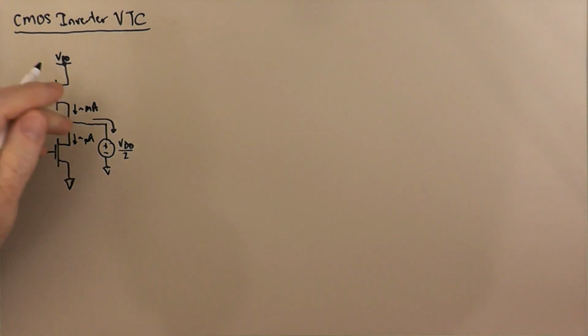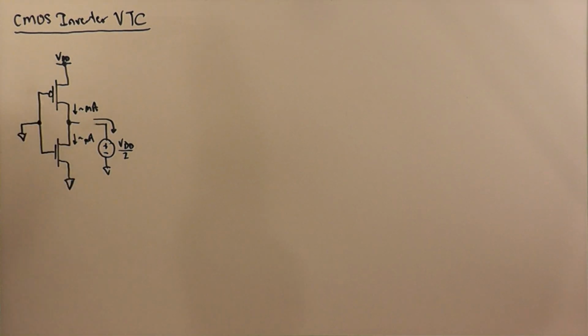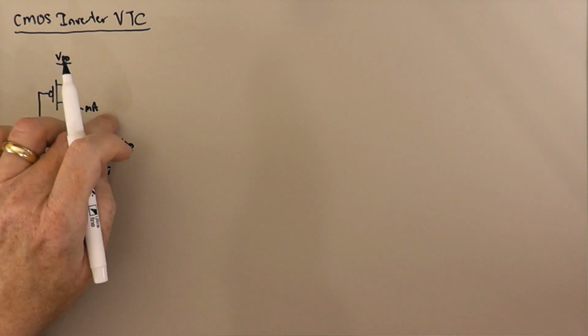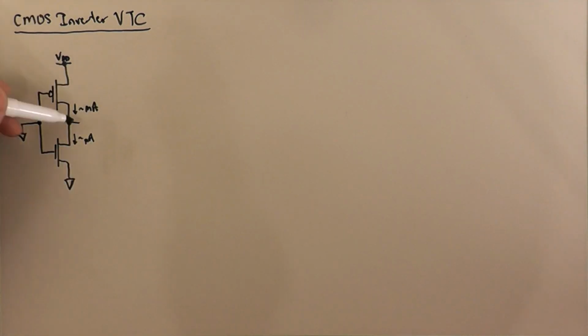If we were to then do our standard thing of disconnecting the output voltage source and just letting it find its own level, the question becomes, where is that excess milliamps of current going to go? It can't go into the NMOS transistor.